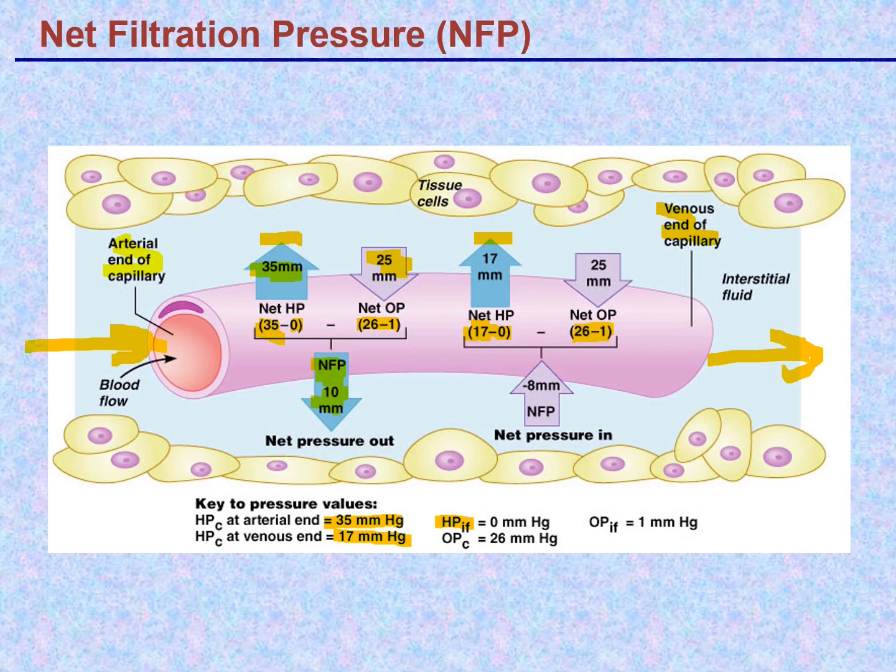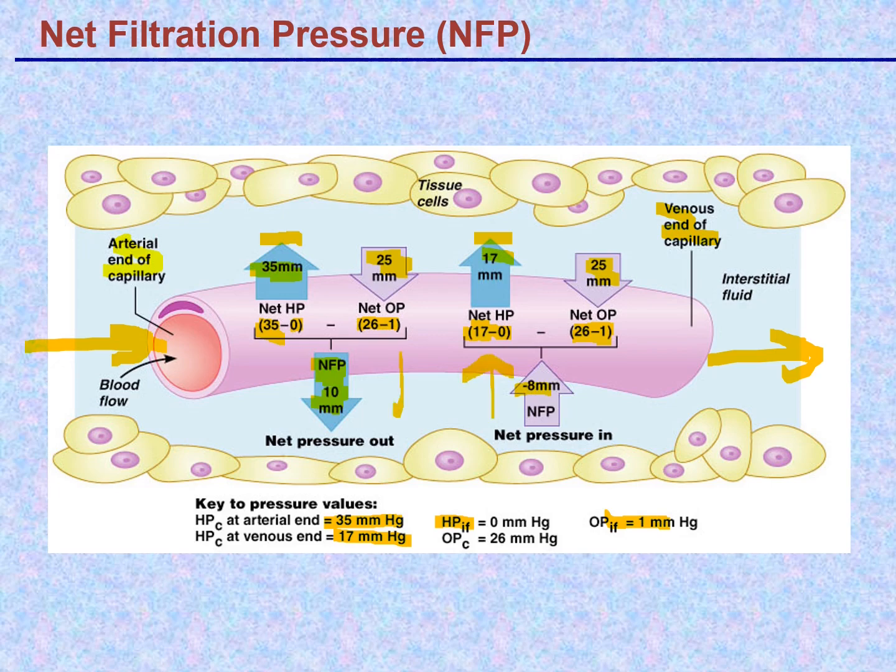And at this end, the hydrostatic pressure has been reduced because of the loss of fluid, so pressure is somewhat lower, and the osmotic pressure is still 25, so it's 17 minus 26. You have to consider this, 1. So you have a minus net filtration pressure, and that means that you have an inward pressure.